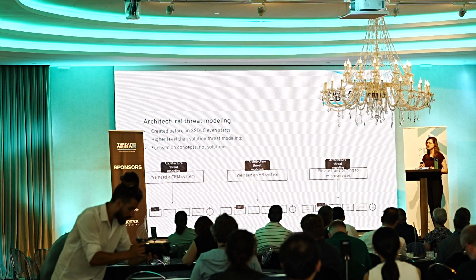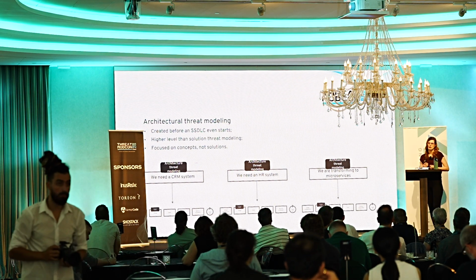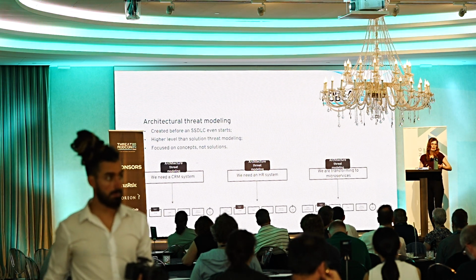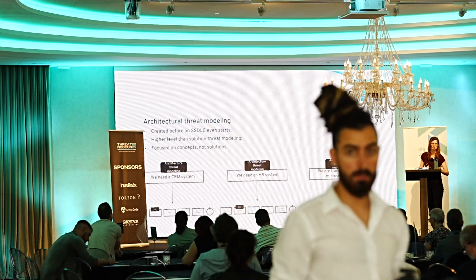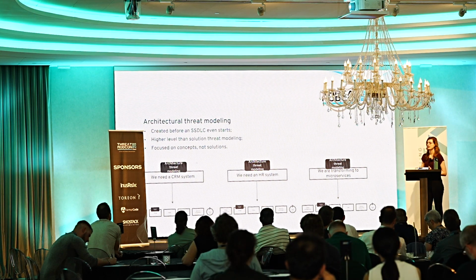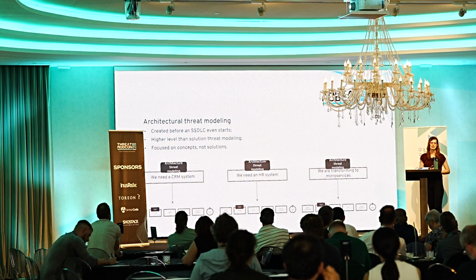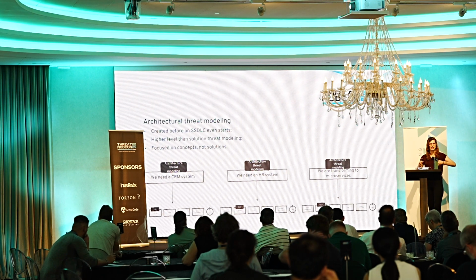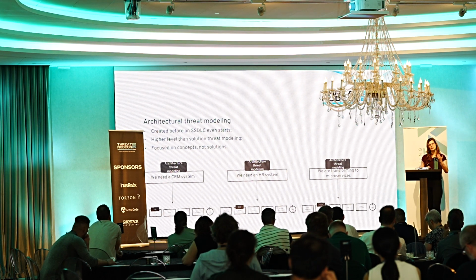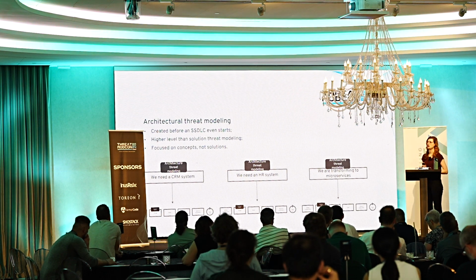So again, as security architects, very often we have to give the disappointing news that we can't do threat modeling at this point just yet. Only after they go to a lead developer or technical architect and really start getting that more concrete architecture, only then can we typically start with that solution threat modeling.